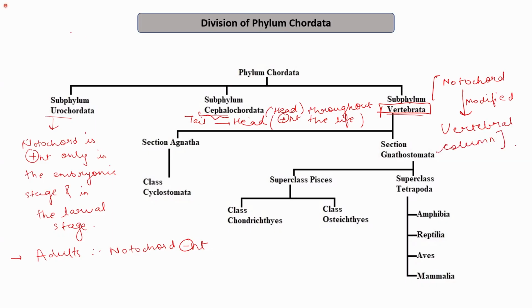So we can say that all vertebrates are chordates, but if I try to see the reverse, all chordates are not vertebrates. They may be urochordates, they may be cephalochordates, but all chordates are not vertebrates.